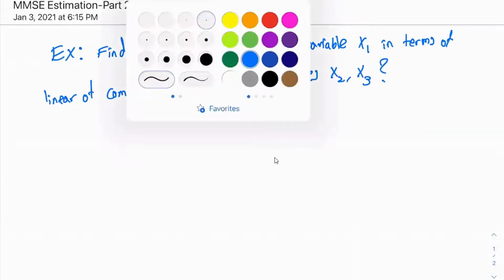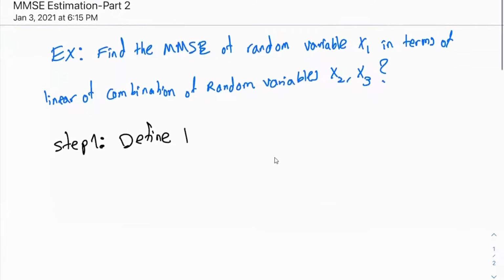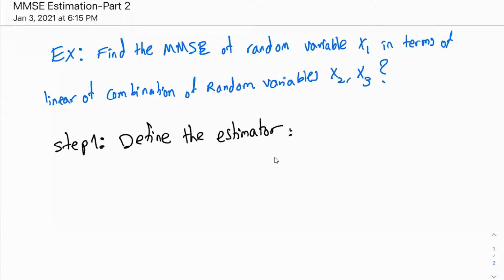Okay, let's start. So step 1, define the estimator. What does it mean? It means that x hat is equal to a1 x2 plus a2 x3.